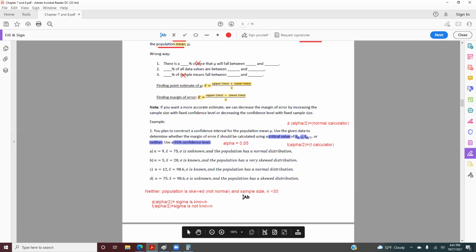If sigma is known, we use Z. If sigma is not known, we use T. So I want you guys to read question A. Can you tell me, is this a Z alpha, T alpha, or neither?